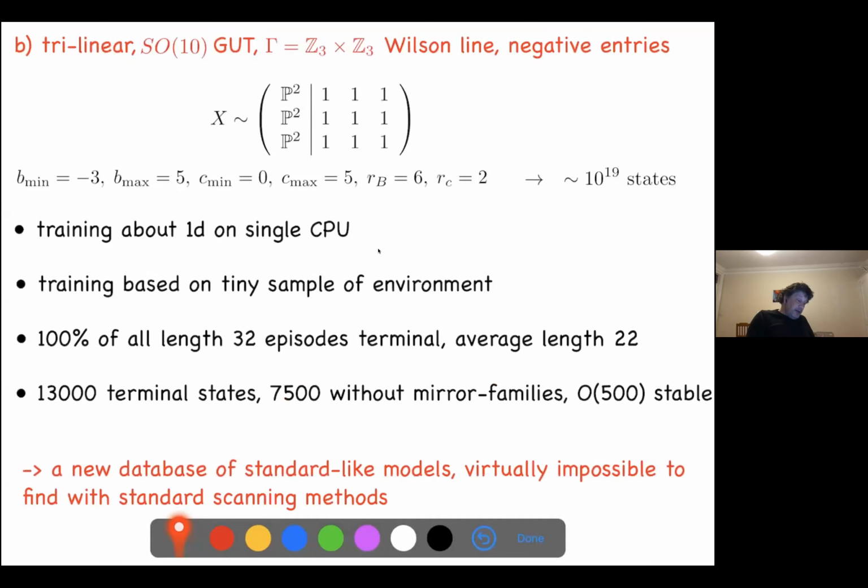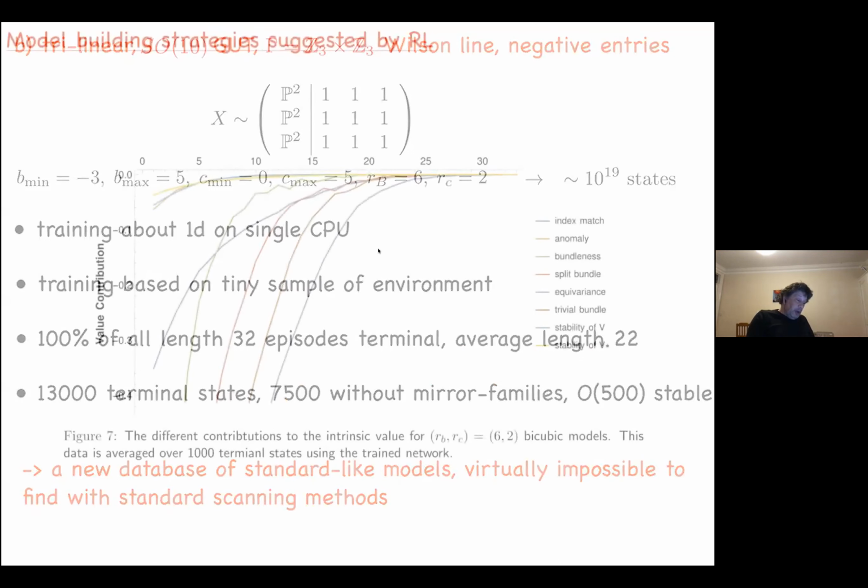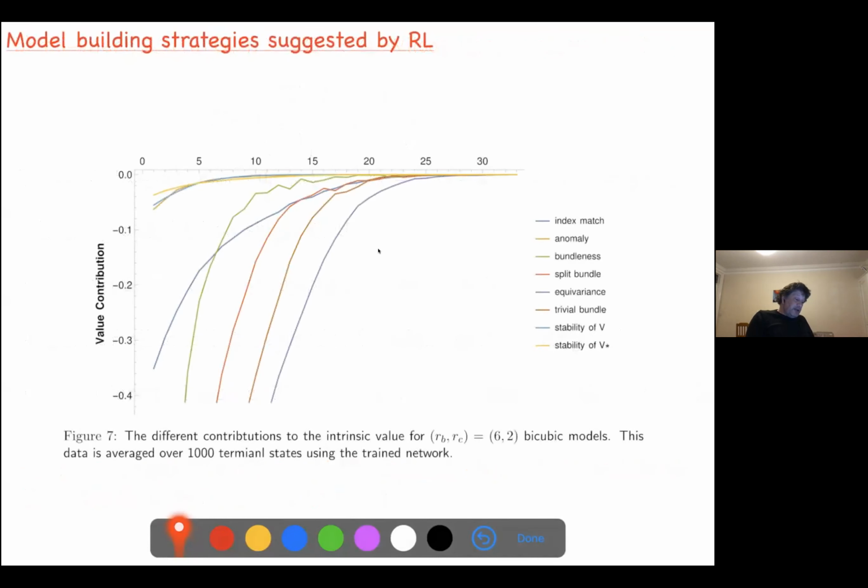Okay, so this is the RL part, but basically what we're getting here is new databases of standard-like models, which would be very hard to find with conventional methods. So this plot gives you an idea in which order these properties are being satisfied as you go along the episode.